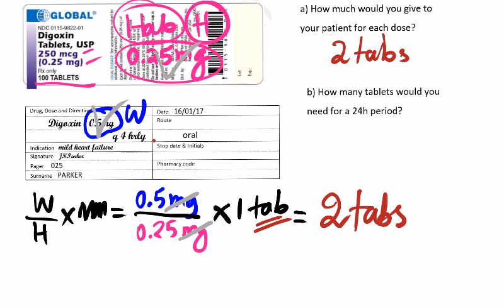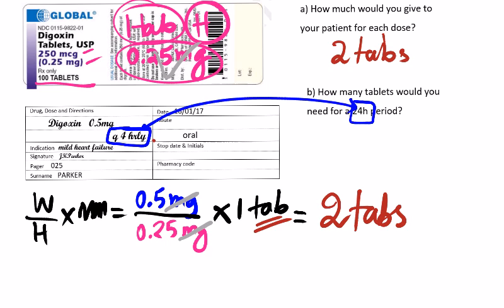The second question says, how many tablets would you need for a 24-hour period? Well, a 24-hour period, and let's come back here to the chart. We are giving this every 4 hours. How many lots of 4 hours are there in 24? That's what we need to decide to know what number of doses we're going to be giving here.